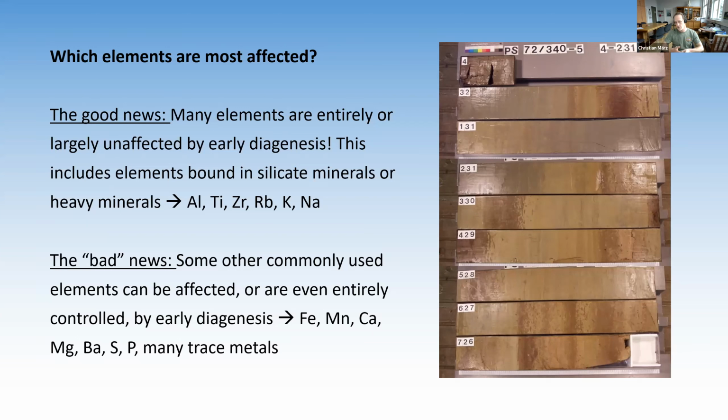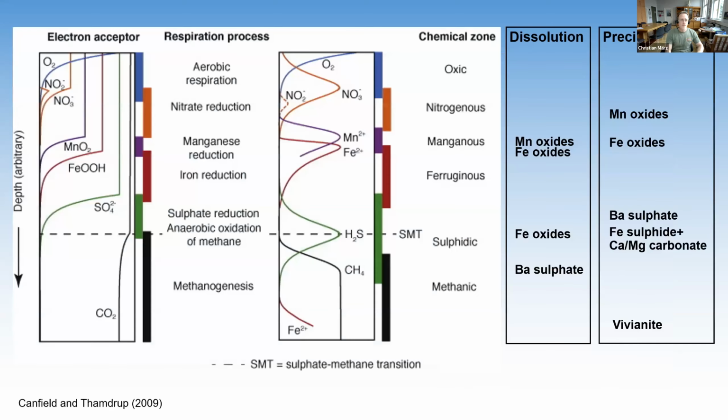And this affects, for example, iron, manganese, calcium, magnesium, often bound to carbonates, barium sulfate, phosphorus, many trace metals. So a whole bunch of elements. And here on the right-hand side, you see heavily diagenetically precipitated iron and manganese oxide layers in an Arctic sediment core. And this is one of the case studies I'm going to deal with in the coming half hour or so.